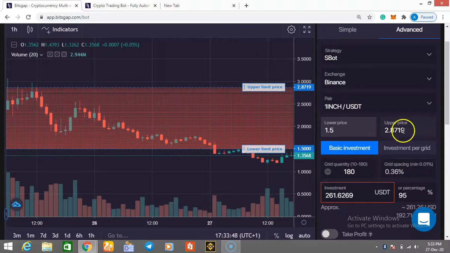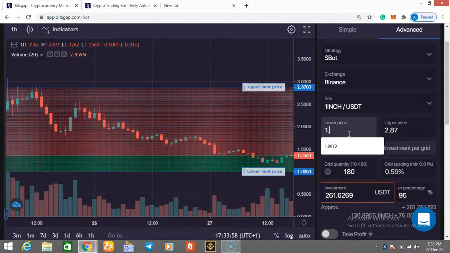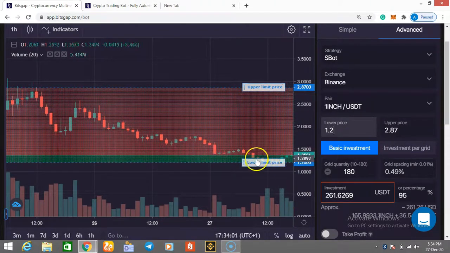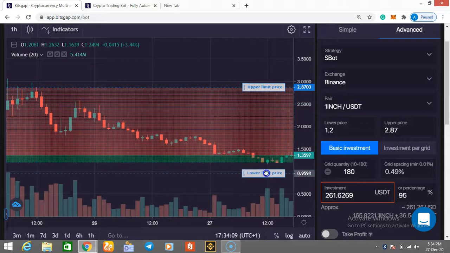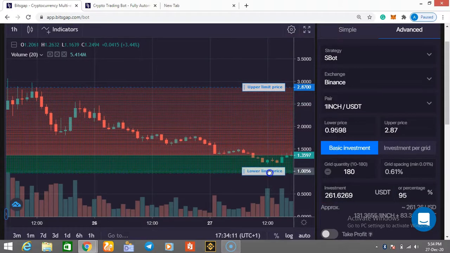If it is 1.5, then it means that 1.5 is going to be lower. We don't use 1.2, so that the bot is going to buy around this range. But instead of typing in the figures, you can just bring your cursor here and drag it downward, as you want.